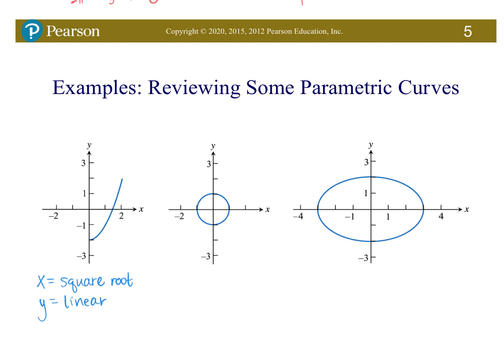If you reversed those, if x were linear and y a square root, you'd still get this sort of shape, but it would look like this instead: a square root going the other direction, more of a horizontally opening square root. And we've already talked about the elliptical one, generalized so that x is a cos t and y is b sin t. Just like a unit circle, x is always the cosine coordinate, y is always the sine coordinate.